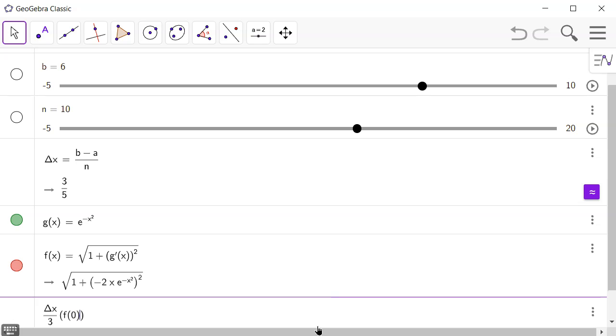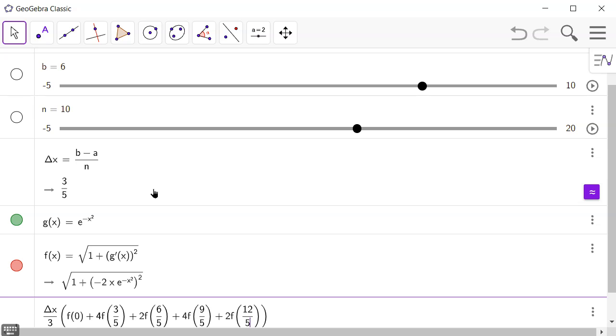Next one is delta x, which is 3 over 5, so I'm going to just keep on adding. We can actually do delta x too, but I'm going to do it manually. So next one is 3 over 5, and the coefficient is 4. So 4 times f of 3 over 5, plus 2 times f of 6 over 5, plus 4 times f of 9 over 5, and then plus 2 times f of 12 over 5.